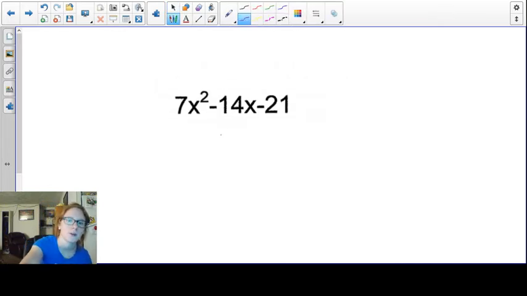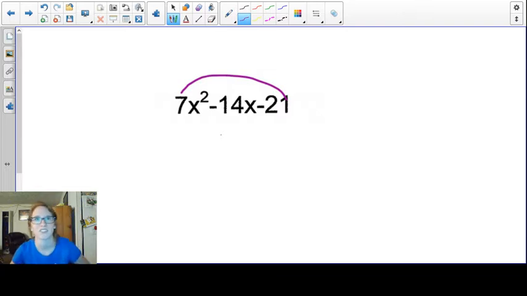First step first is what multiplies to 7 and negative 21. I need my calculator. I think it's like 147. Hey, that was right. 147.